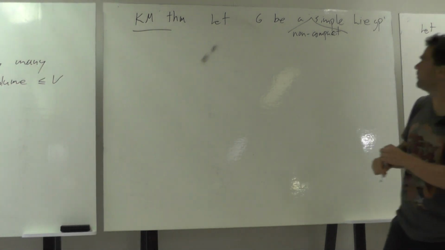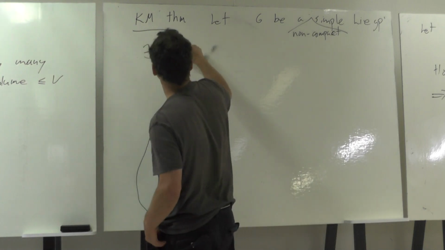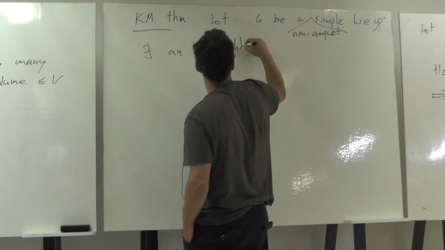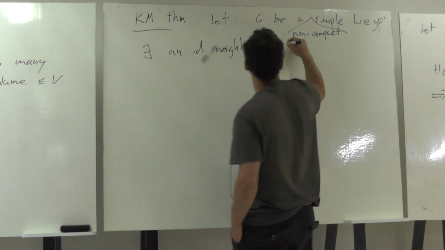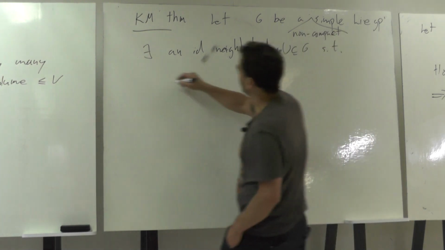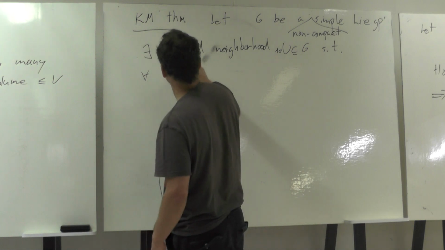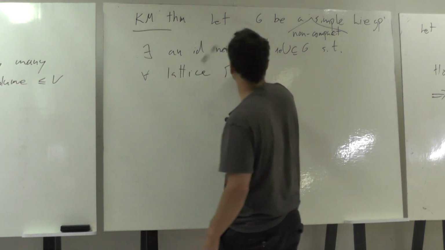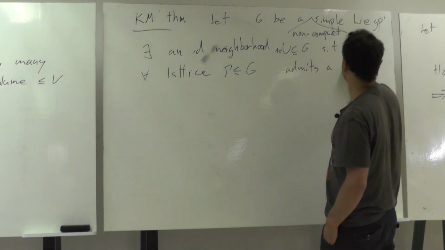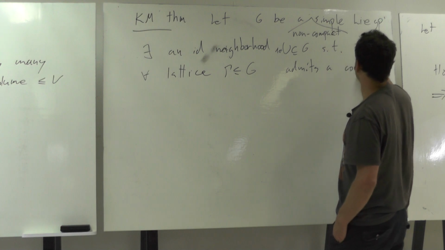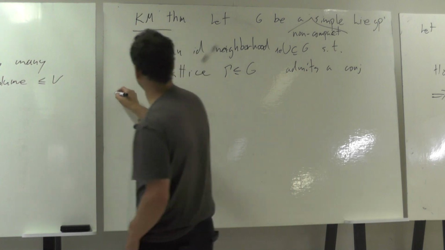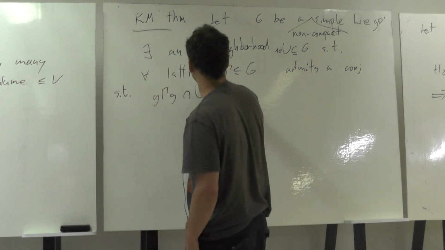They proved it in the same paper, where they show there is an identity neighborhood U such that any lattice gamma in G admits a conjugate which intersects gamma such that this intersection is trivial.